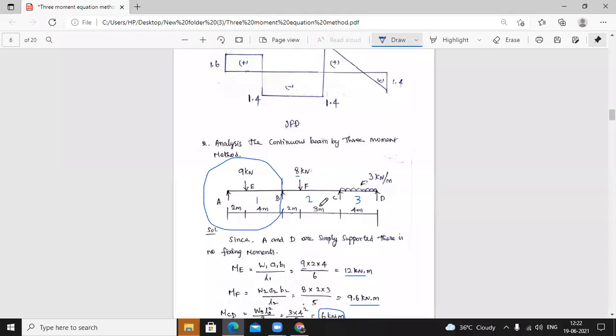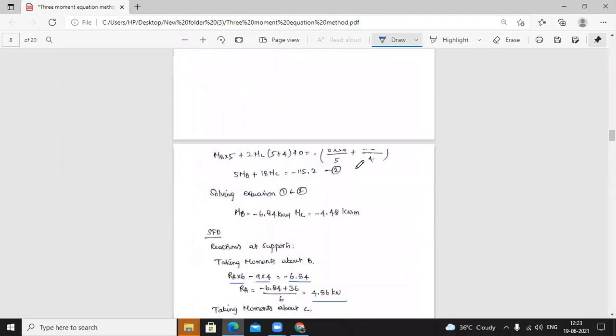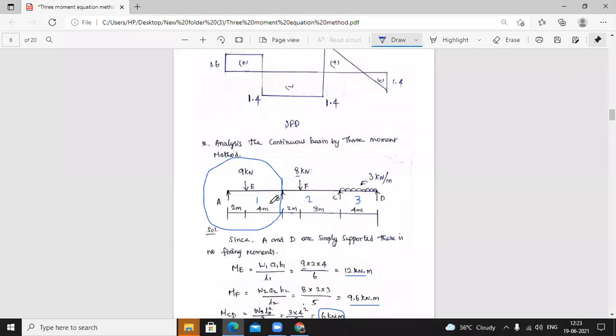So RA into 6 minus 9 into 4 is equal to minus 6.84. Now calculate RA. You can simplify, and we got RA as 4.86 kilonewton. So what I did is consider only the left portion of B.